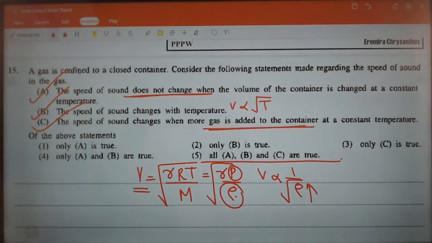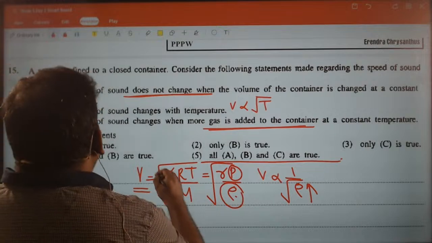Right there. When more gas is added, so wait.